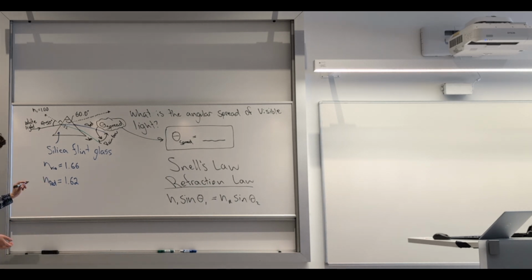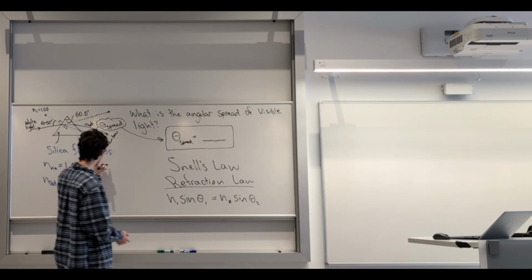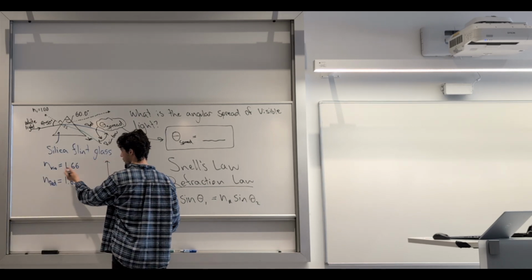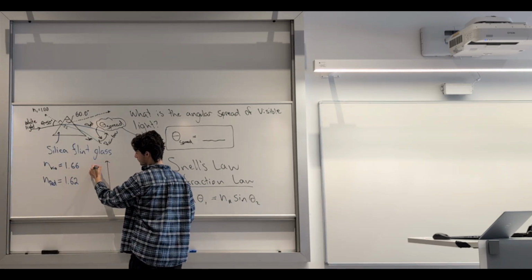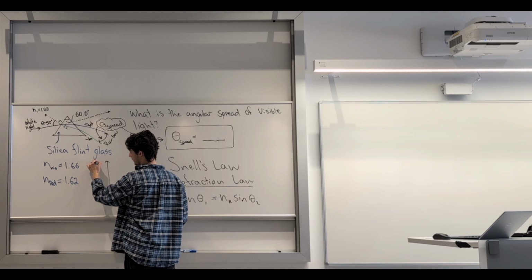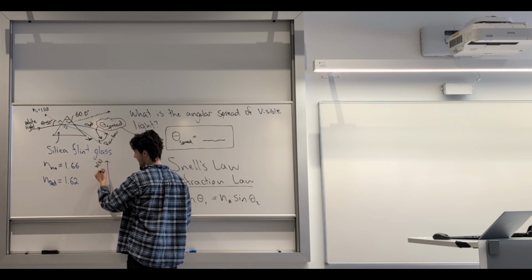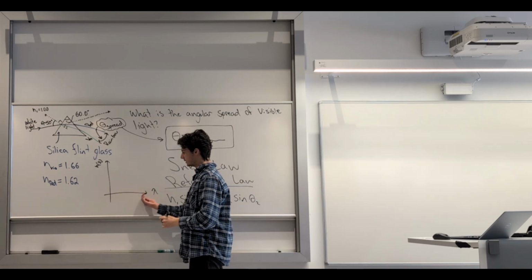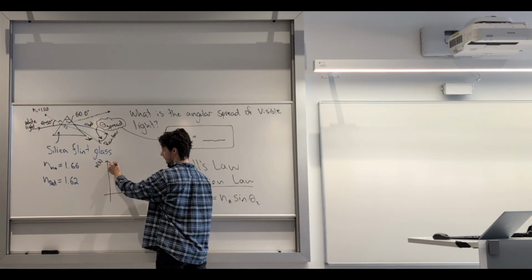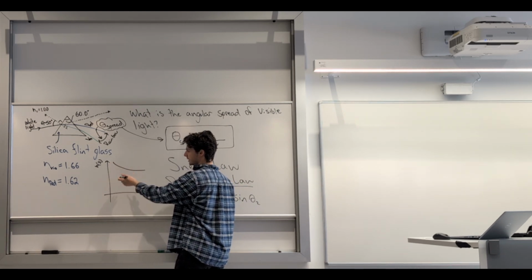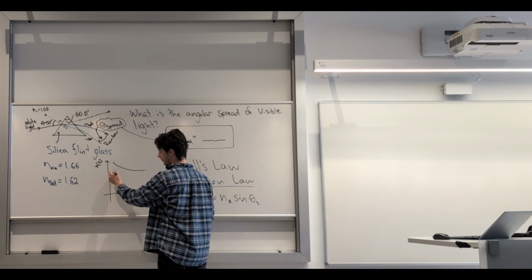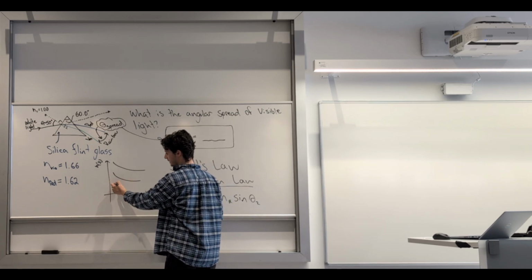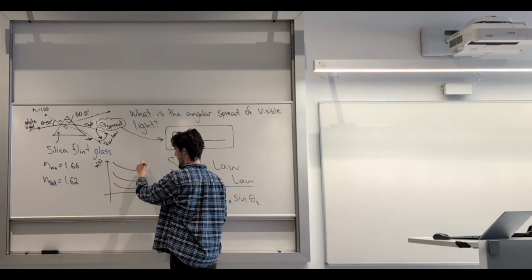This is actually an important rule here, which I'll just draw very quickly. If I plot the function index of refraction as a function of wavelength, which is lambda, and I plot wavelength over here, as you increase in wavelength, the index of refraction normally decreases like this. And you can have different materials here, but normally they slightly decrease like this. So this could be for different materials.